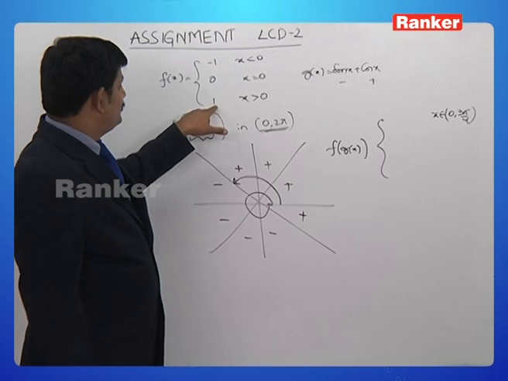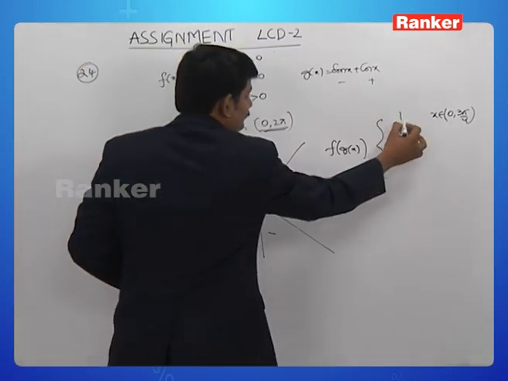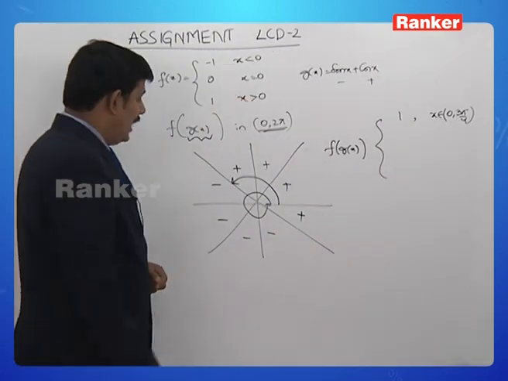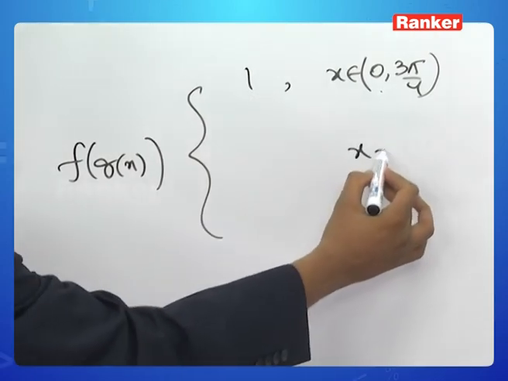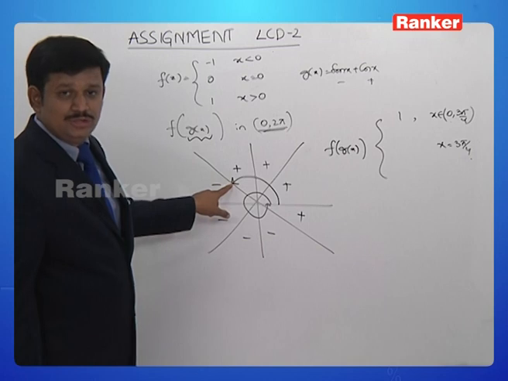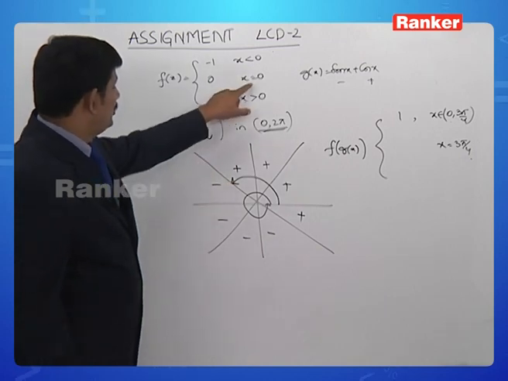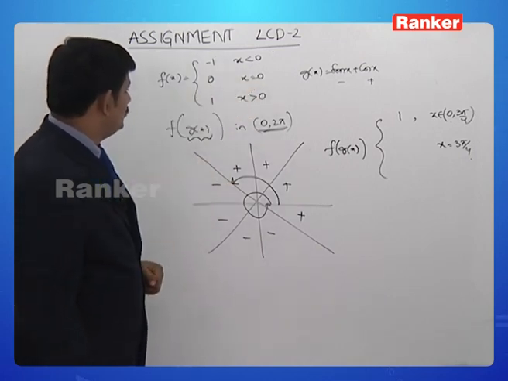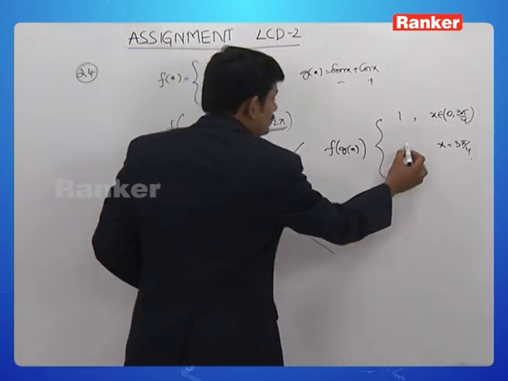So, f of g of x will be 1. And when x is 3 pi by 4, sin x plus cos x is 0, and because sin x plus cos x is 0, f of 0 will be 0.